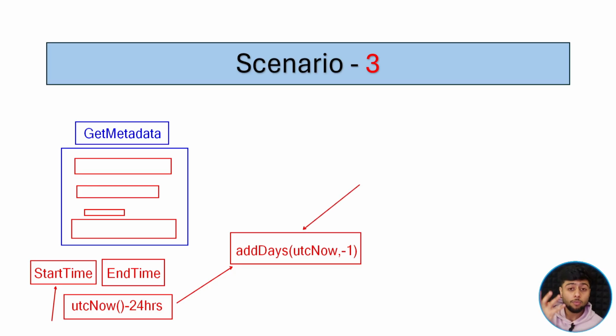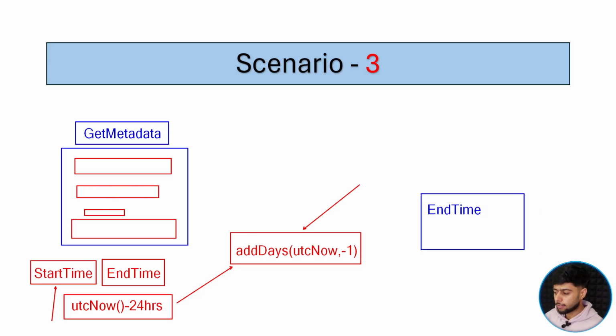Now the brother of this scenario is like you only want those files which are 7 days old. You do not want fresh files, you want older files. So the same stuff you will be doing, but instead of putting start time, this time you will put end time. Makes sense?